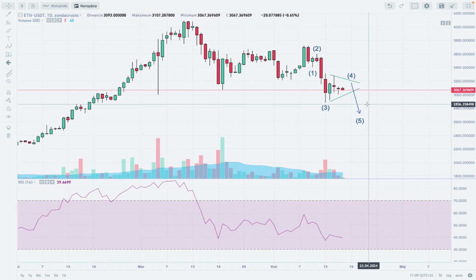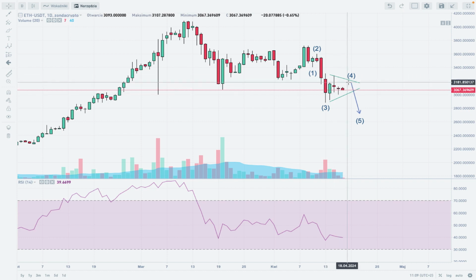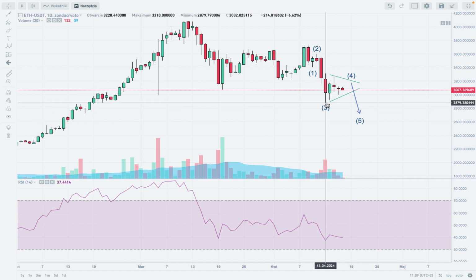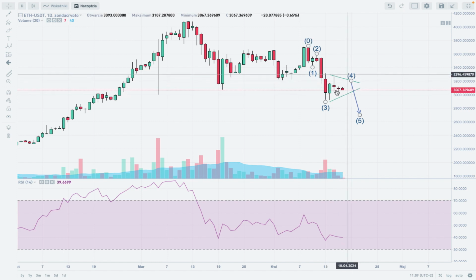Please notice last thing, this internal correction doesn't have to be a triangle, it can be any correction here. Nevertheless, it's still a correction, and we expect one more wave to the downside, breaking the low of the wave 3, which is at 2,879. But because of the current situation on the market, it looks like the wave 4 here is actually a triangle.